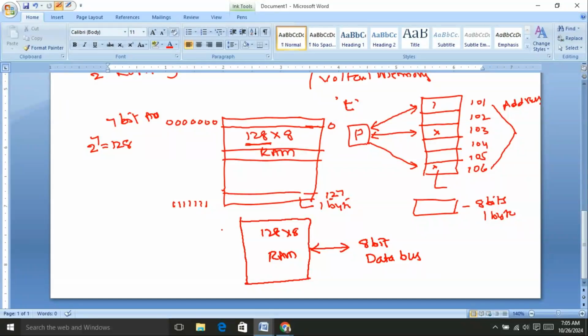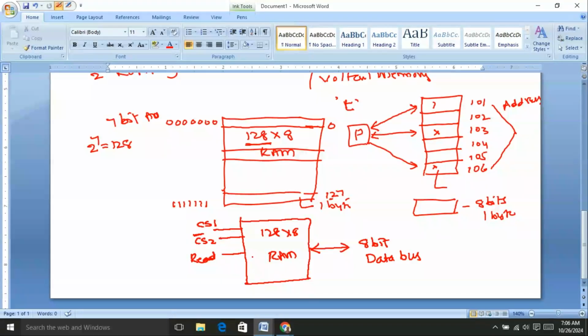It also consists of two control signals. One is CS1, chip select 1, and another one is CS2 bar. Why this bar? I will explain later in the second part, that is how these chips are interconnected. And one more signal in the RAM is the read signal.